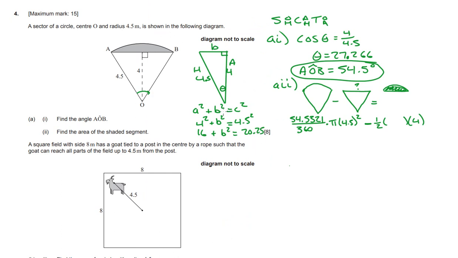Again, I would be doing all of this work down linearly on my paper so that it's really easy for the grader to figure out what's going on. But let's just move this back over here and we'll make room later. So we've got 16 plus b squared equals 20.25. Subtract 16 from both sides, and we get b squared equals 4.25. So we've got to square root both sides to get the b.